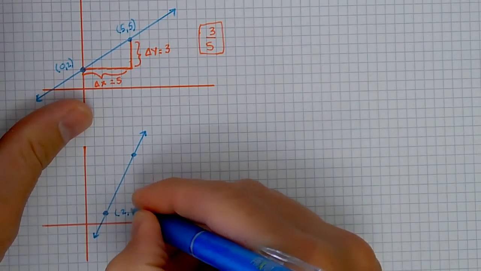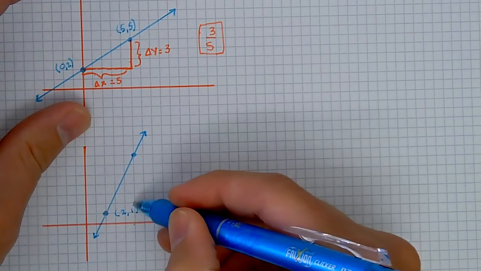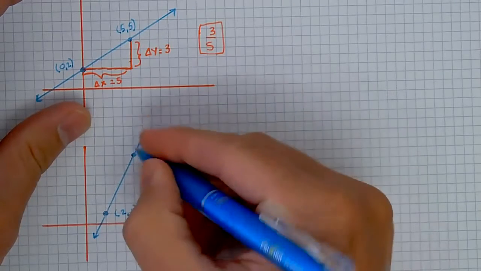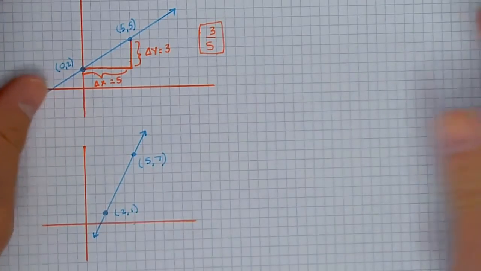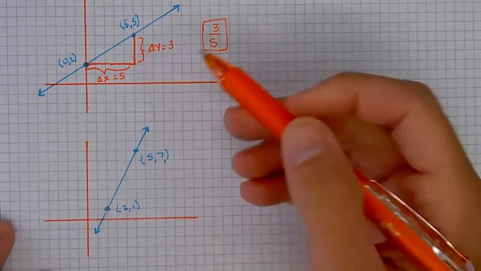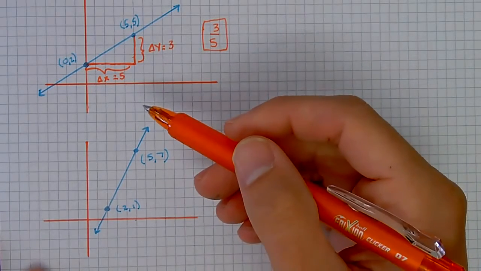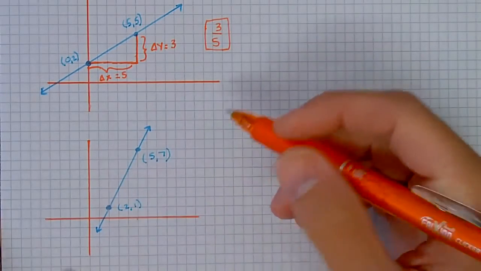We got points here at (2, 1) and (5, 7). So another easy way to do it, and essentially it's the same thing that we talked about on the first page, the rise over run.